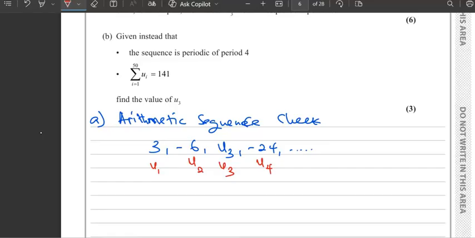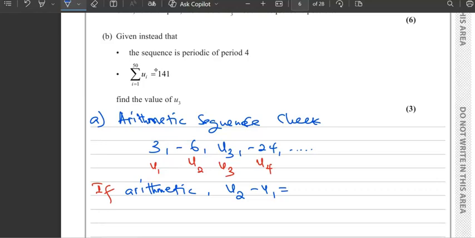Right, so for an arithmetic sequence, we know that the common difference is gotten by finding the difference between consecutive terms. In this case, if arithmetic, then u2 minus u1 should give us the common difference.